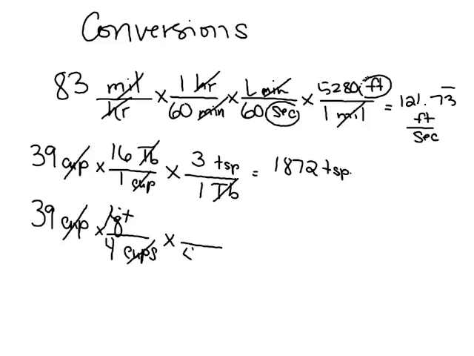So quarts on bottom, and quarts cancel. So 39 divided by 4, divided by 4 again. 2.44 gallons. 39 cups is just shy of 2.5 gallons.